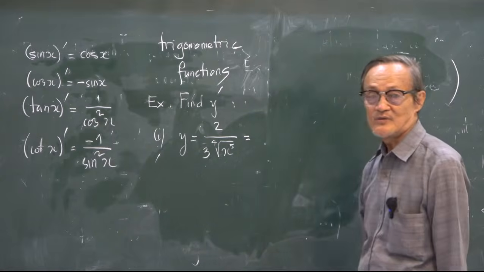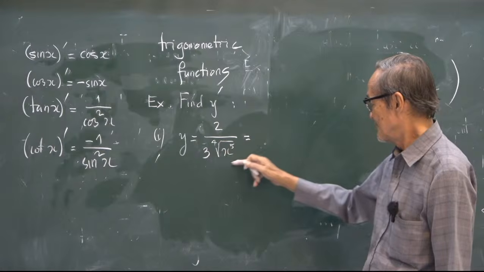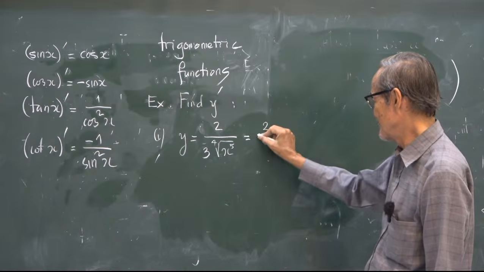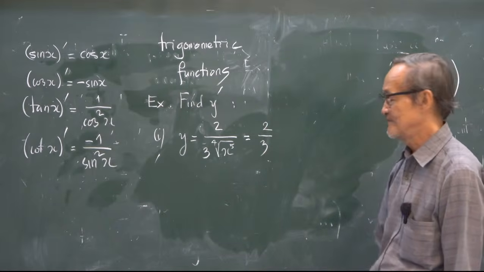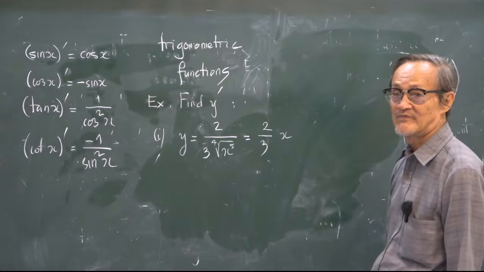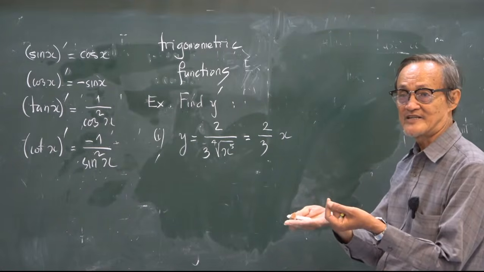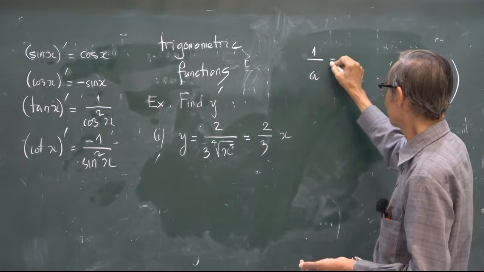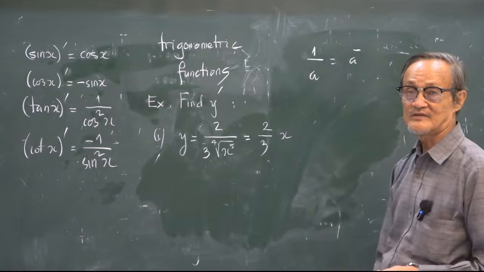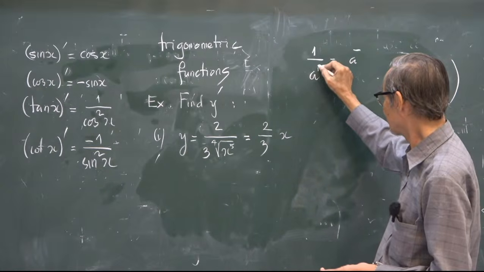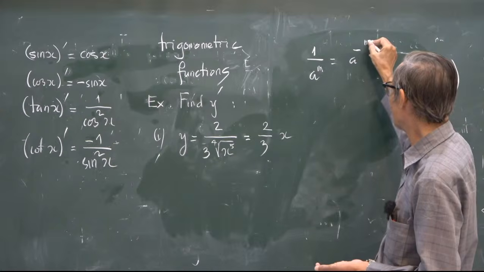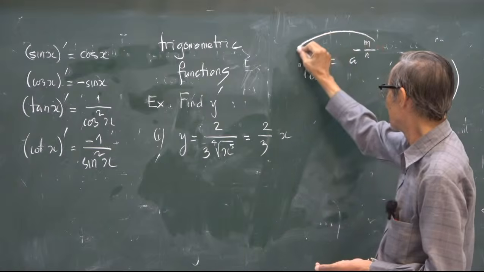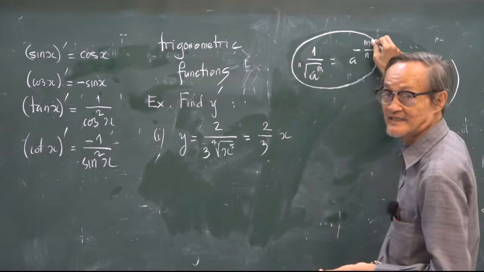Now we rewrite this function in the form 2 over 3, moving x from the denominator to the numerator, with a power and a root. This is a very important formula.